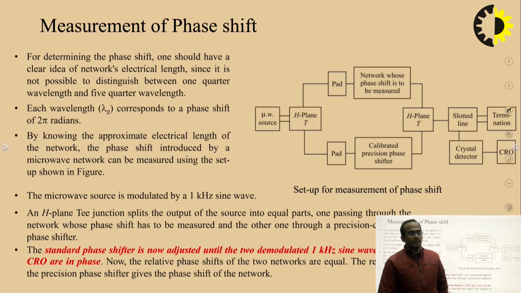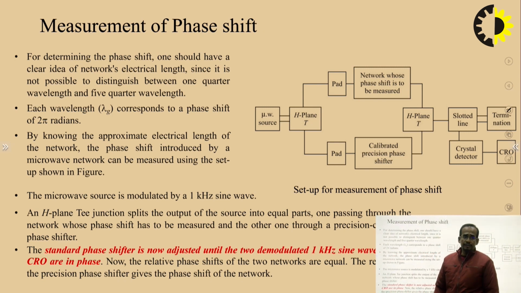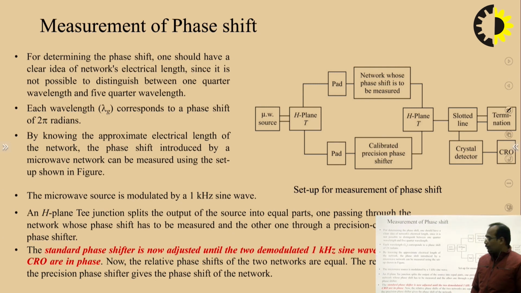The standard phase shifter is adjusted until the two demodulated 1 kHz sine waves on the CRO are in phase.